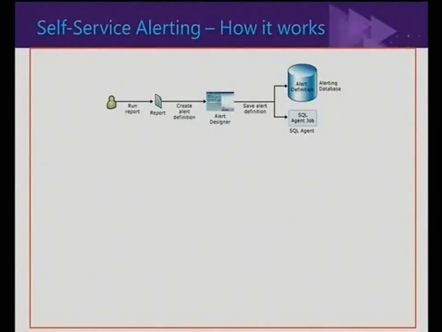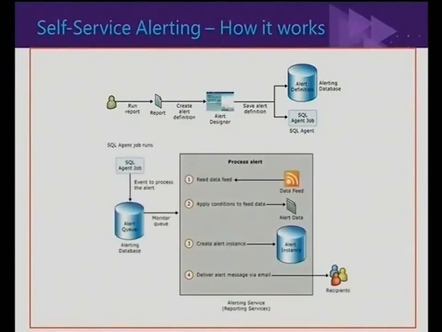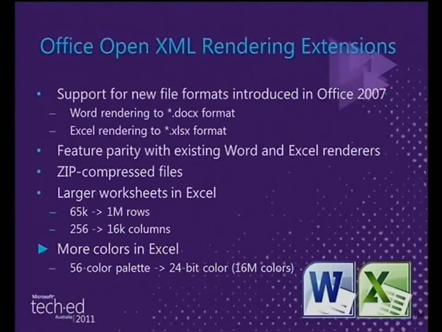That gets stored in the alerting database, which is in SharePoint mode, so it's part of the content DBs. And then the SQL Server Agent job is created for that alert. And when the job is triggered, the alert gets into the alert queue. And we go and read the data feed from the report, apply any of the conditions, create the alert instance, and then deliver it via email. So that's how the workflow works.